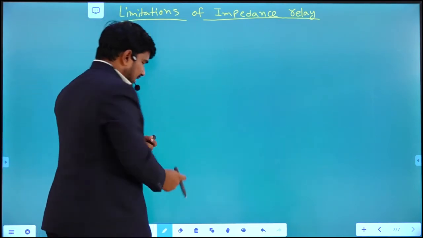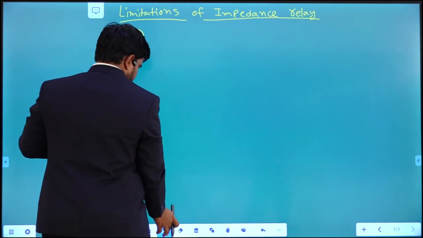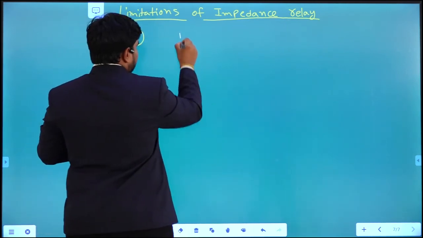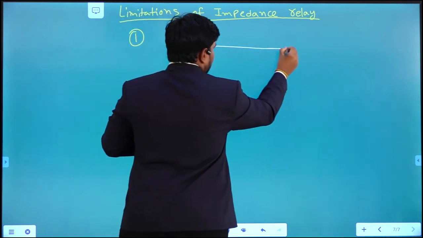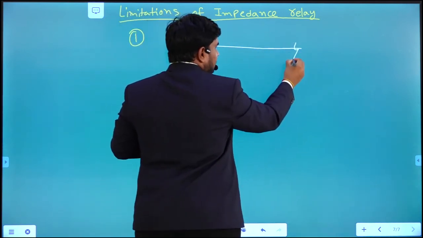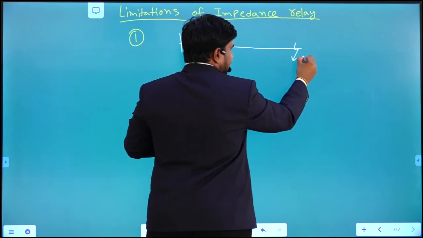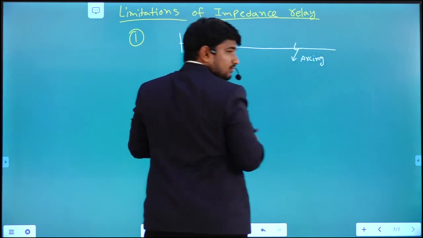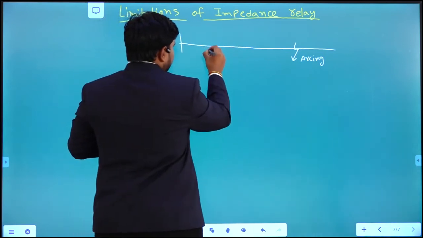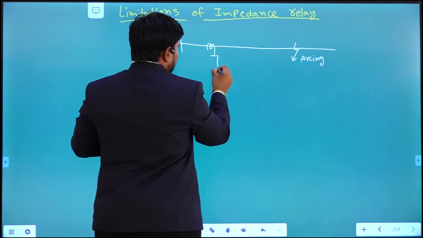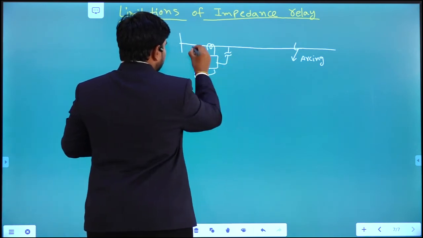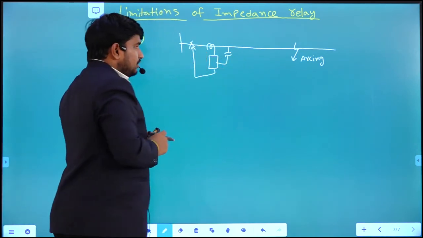Let us take a fault in a power system network. I have taken a fault with arcing. This is the impedance relay I have placed to produce the trip signal.